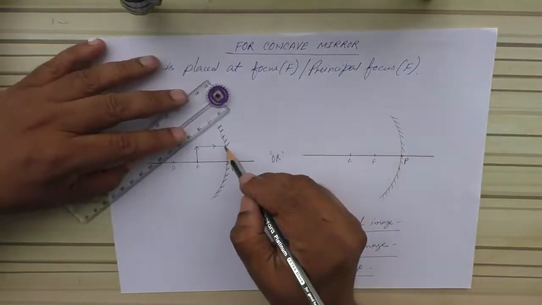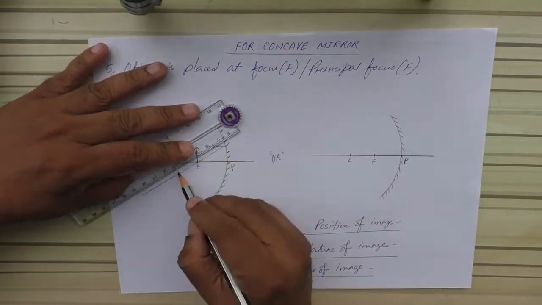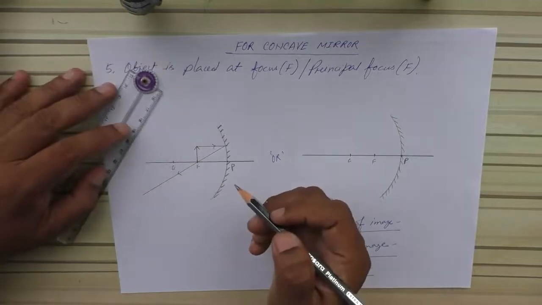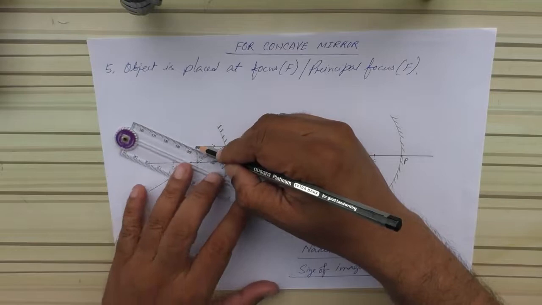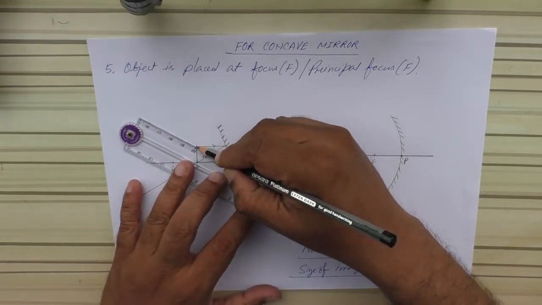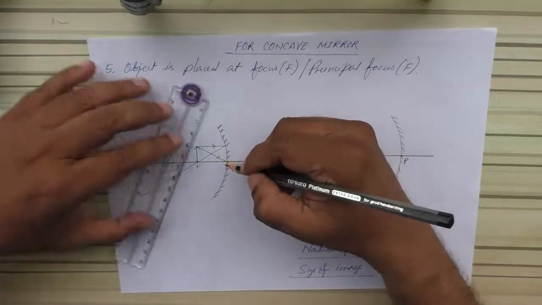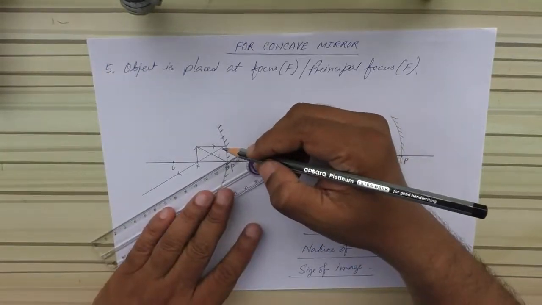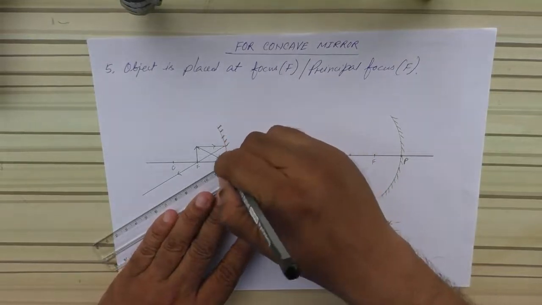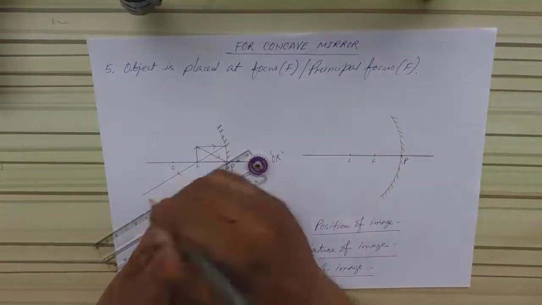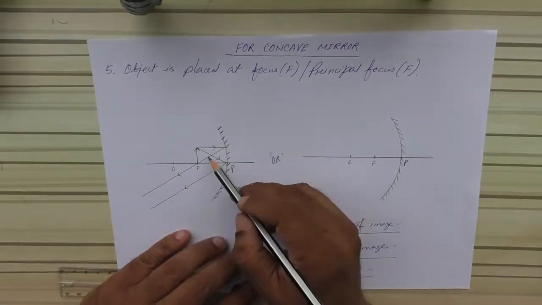If ray of light incident parallel to the principal axis, after reflection, we know that this light ray passes through focus, and we can draw another ray incident at pole, and it reflects symmetrically, in such a way that the reflected light ray is parallel to the previous reflected light ray.